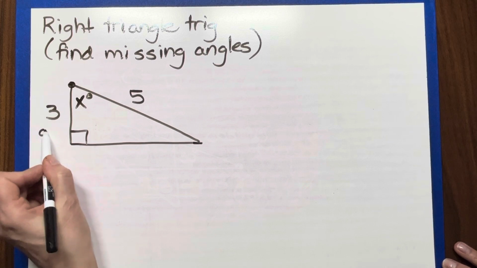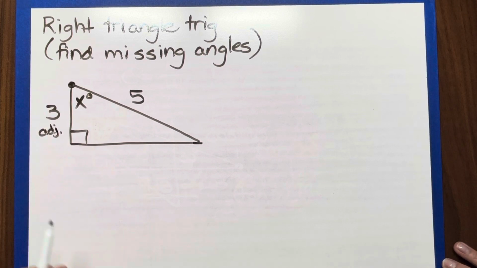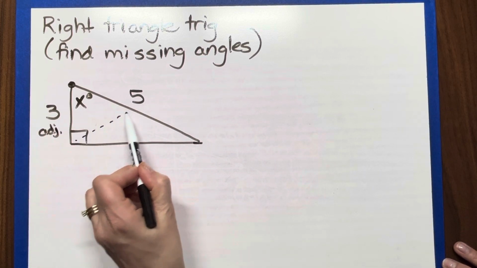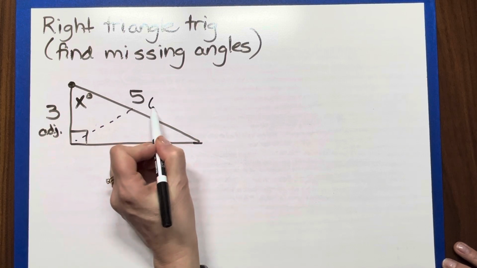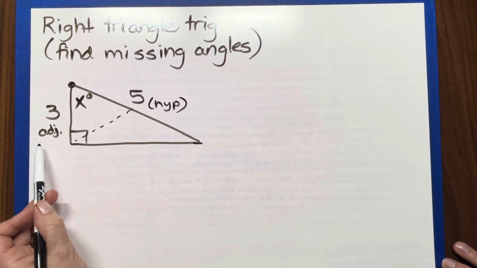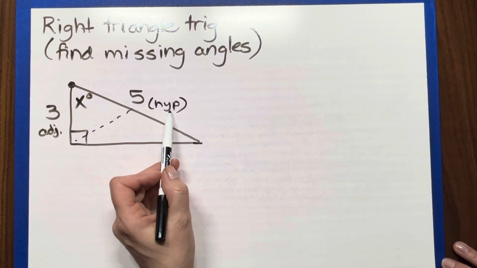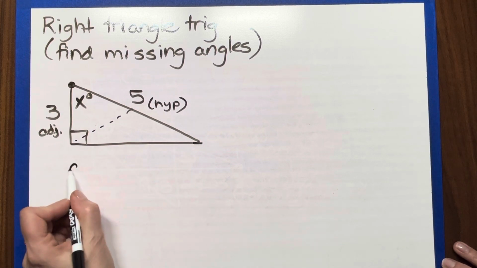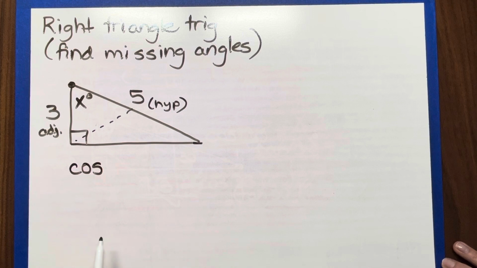So that tells me this is going to be my adjacent side. And here's the 5. It's directly across from my right angle, so that's my hypotenuse. So if I have adjacent and hypotenuse, that tells me that my trig function is going to be the cosine.